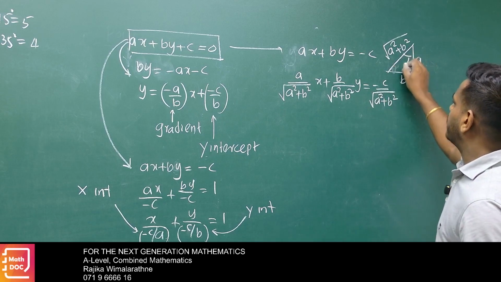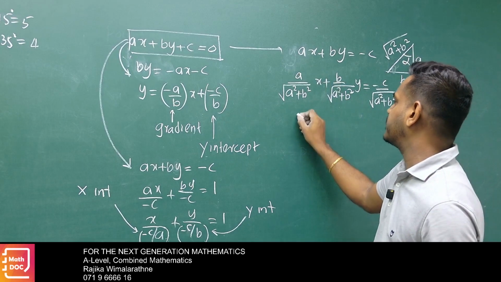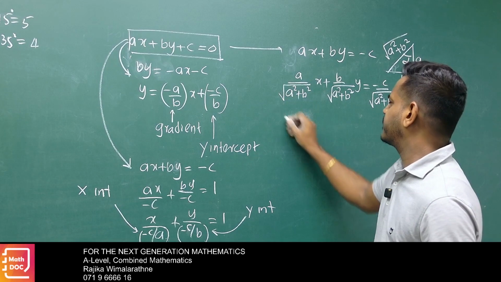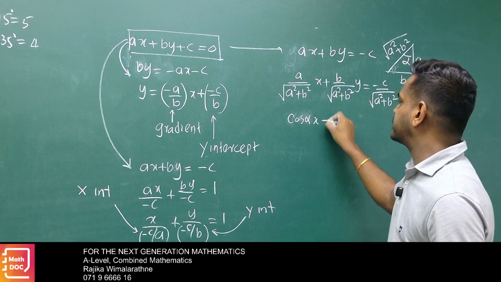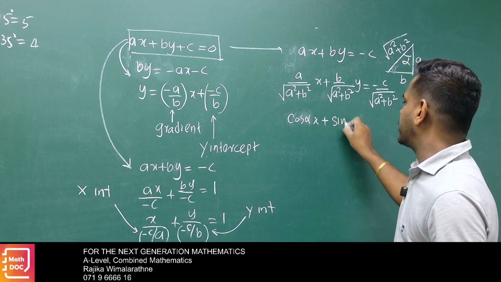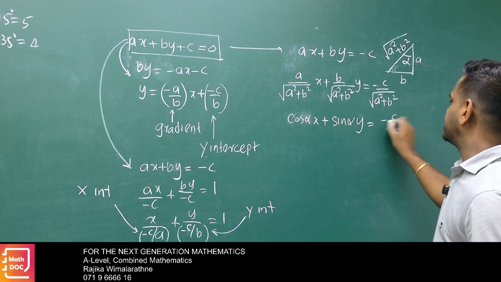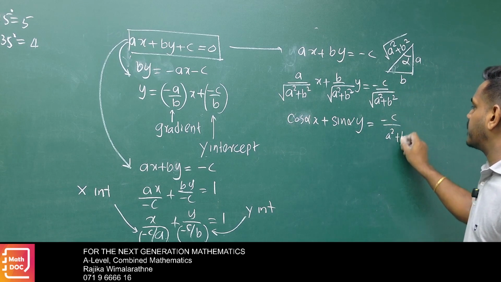Then you take alpha, then we say x cos alpha plus y sin alpha equals minus c over square root of a squared plus b squared.